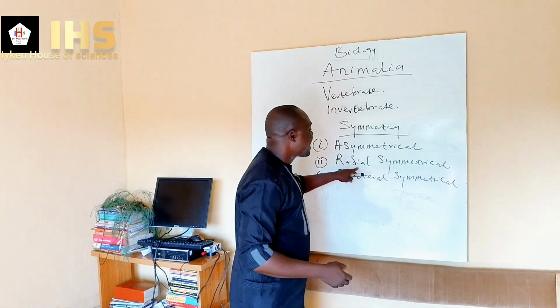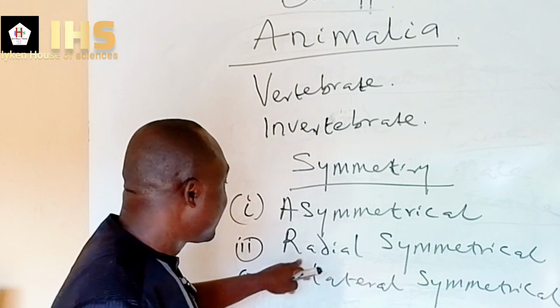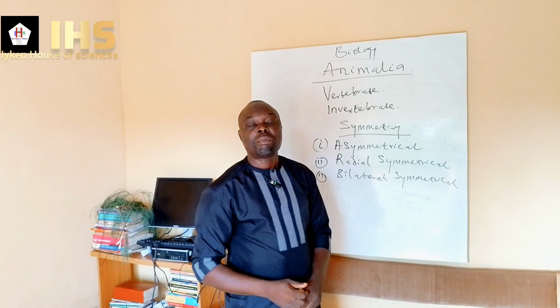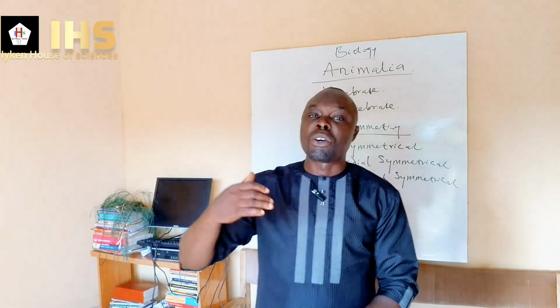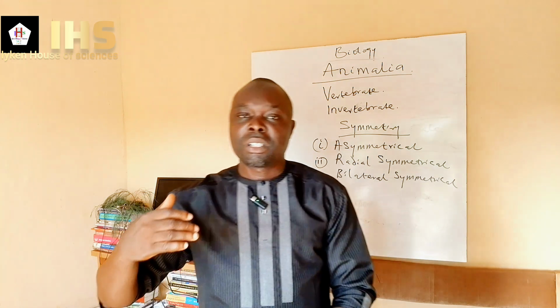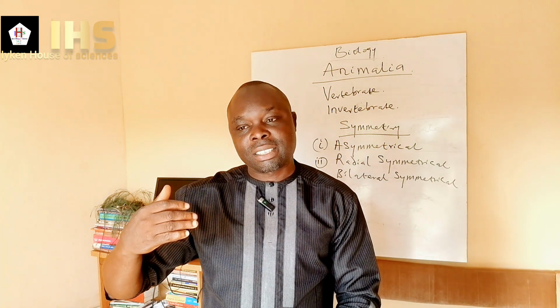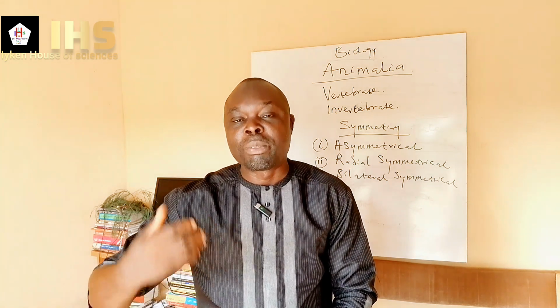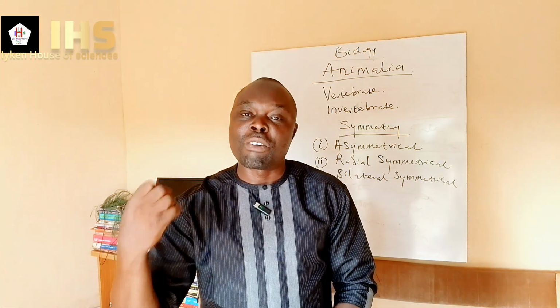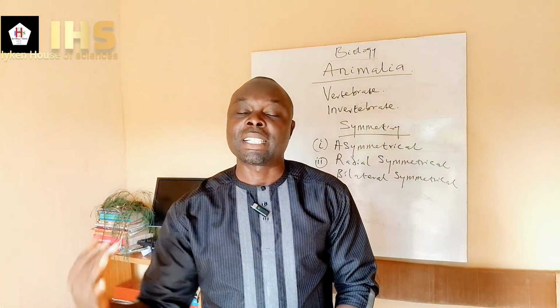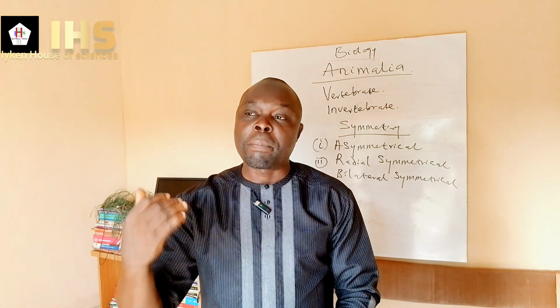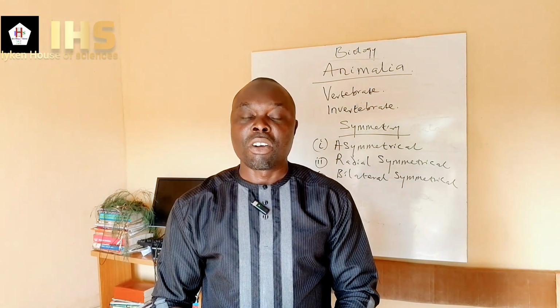Now, when we say radial symmetrical animal, these are those animals whose body parts radiate from the center of that organism. The body parts start coming out. The body parts radiate from the center of the organism.